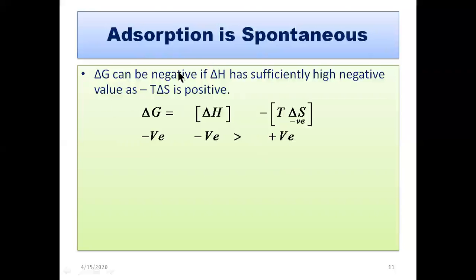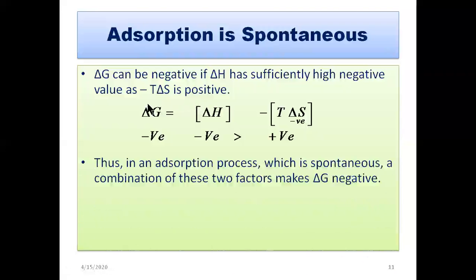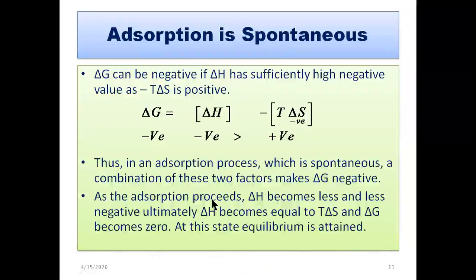When delta G becomes negative, the negative value dominates over the positive value, so the net value will become negative. Therefore, during adsorption, delta H negative value is sufficiently higher than the positive minus T delta S value. Therefore, adsorption is a spontaneous process.